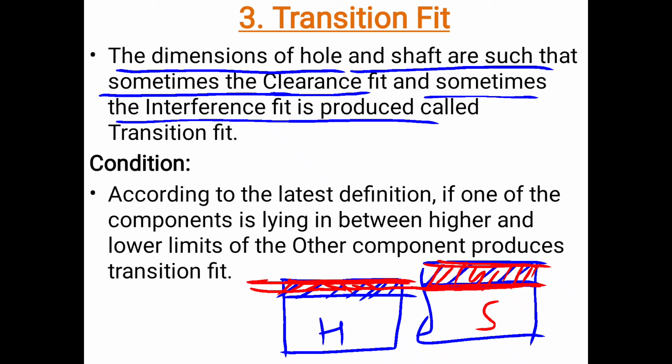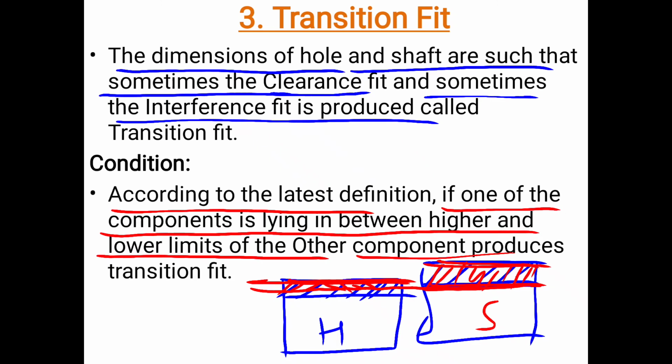Next, according to the latest definition, if one of the components is lying in between the higher and lower limits of the other component, it produces a transition fit. That's what I have explained, that one of the limits of shaft or hole is coming in between the limits of the other.